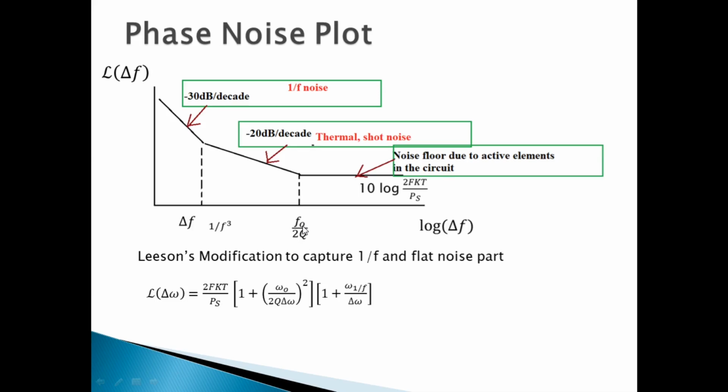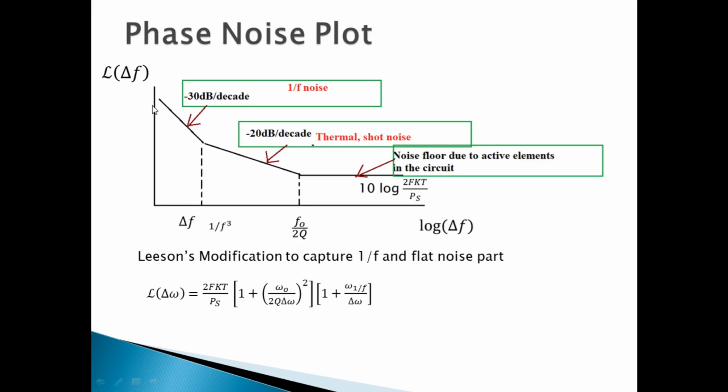And if we have a quality factor which is very high, then this term will be lower. That is to say that the phase noise would go lower much more quickly, that is very close to the carrier frequency.